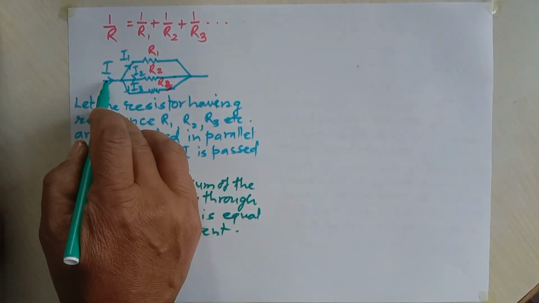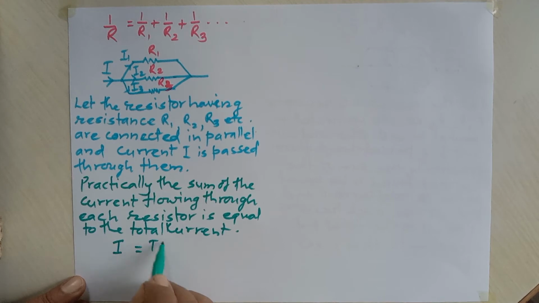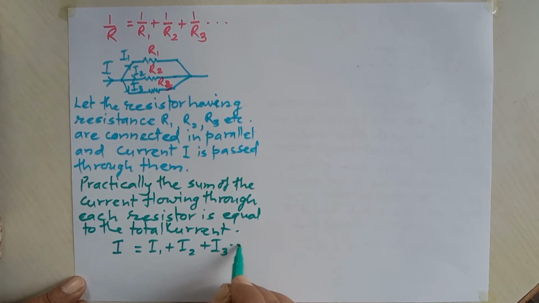Very simple. This I is equal to I1 plus I2 plus I3 and so on. Let's say this is equation number 1.